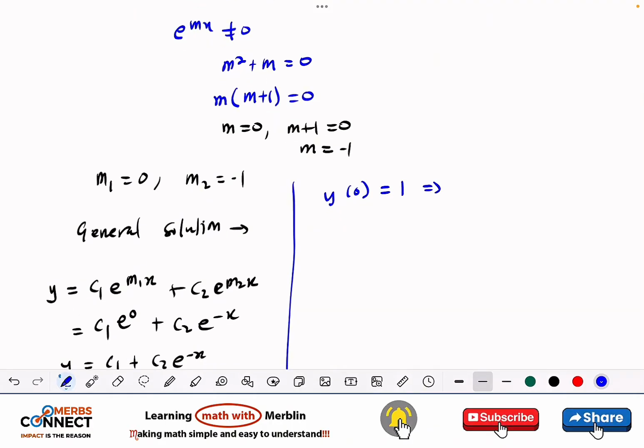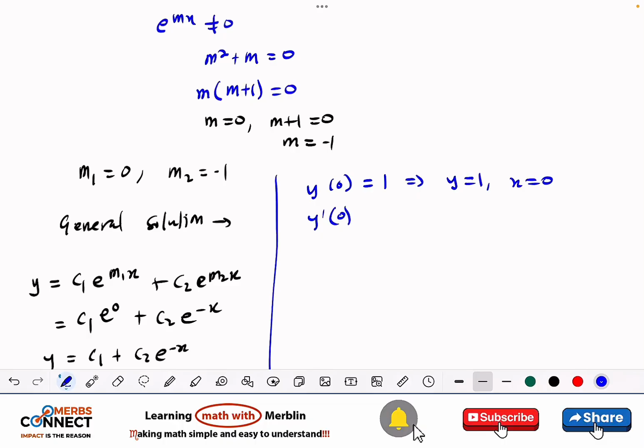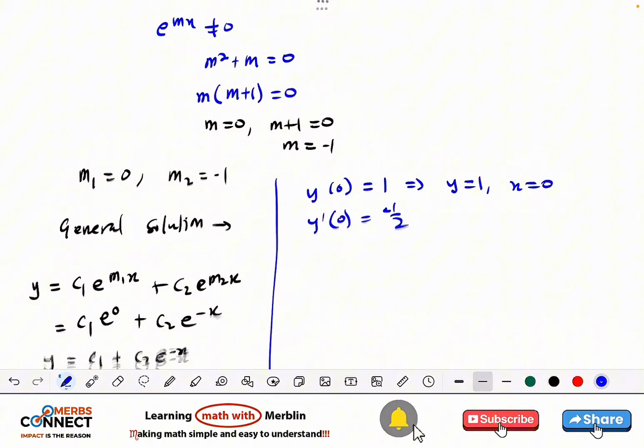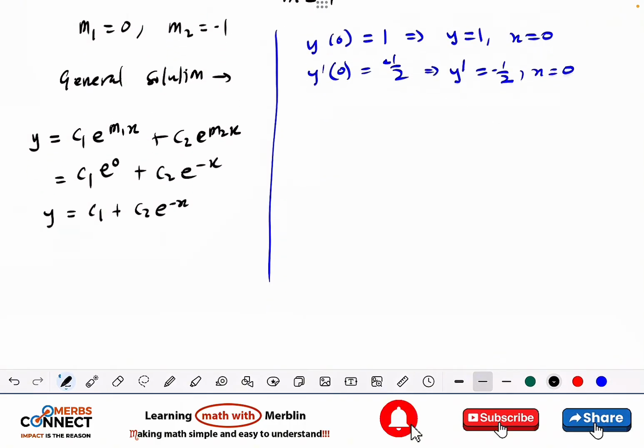Now this implies that y is equal to 1 and x is equal to 0. And then y prime of 0 is equal to minus half. So this implies that y prime is equal to minus 1 over 2 and x is also equal to 0.